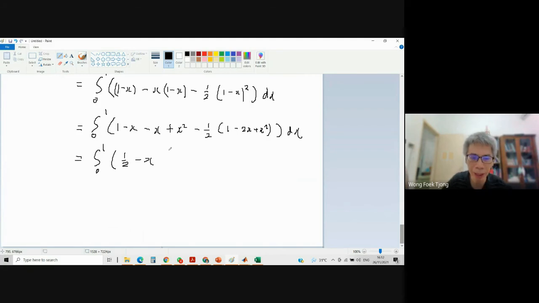Please tell me if I do something wrong. x squared minus 1/2 of x squared, so it should be plus 1/2 x squared, right? Correct? Anyone can find a mistake? It's easy calculus, but don't make mistakes.